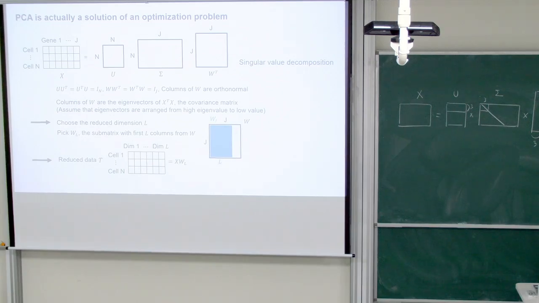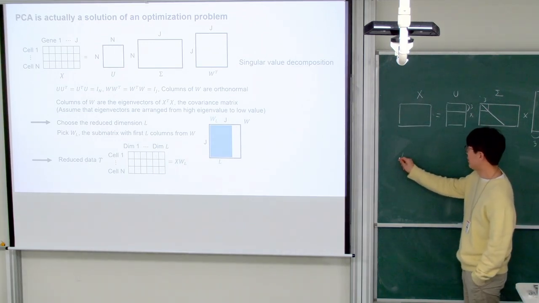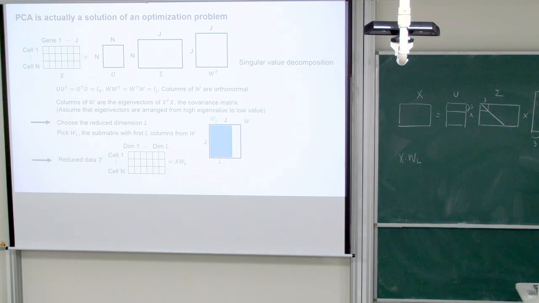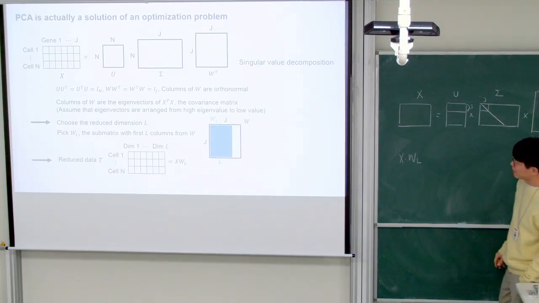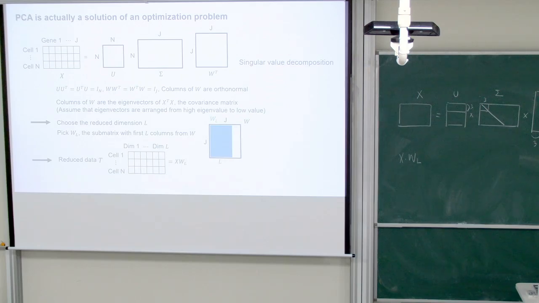Let me think. X times omega L. What is the meaning of X times omega L? Omega L is V, we multiply by V_L. What is the meaning of multiplying by V_L? V_L is only this small portion.